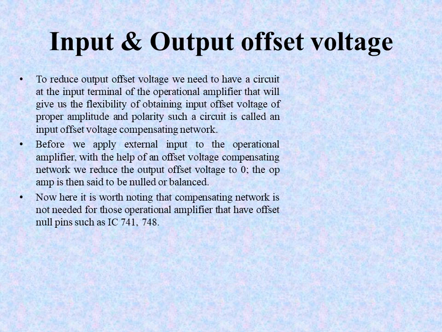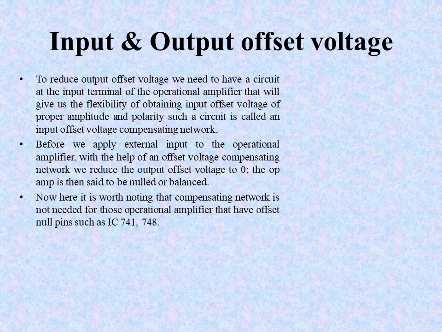Now here it is worth noting that a compensating network is not needed for those operational amplifiers that have offset null pins. So you should remember that for every IC op amp, it is not necessary to have an external compensating network.